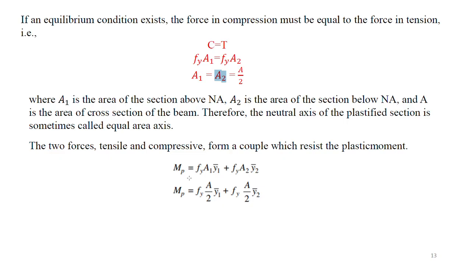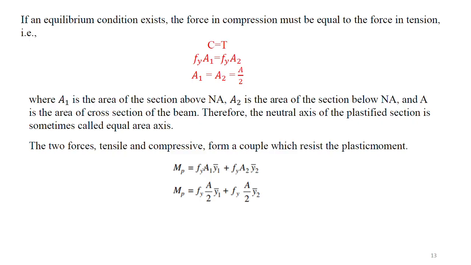That is the plastic moment, which is nothing but Fy into A1 into Y1 bar. Here we take area into lever arm. To find the moment in the body, we take the force from the neutral axis or equal area axis, the distance of the centroid of the upper portion area, into the force generated.